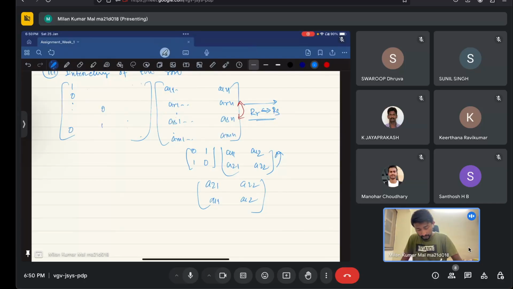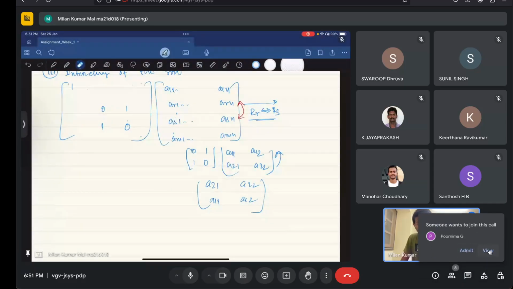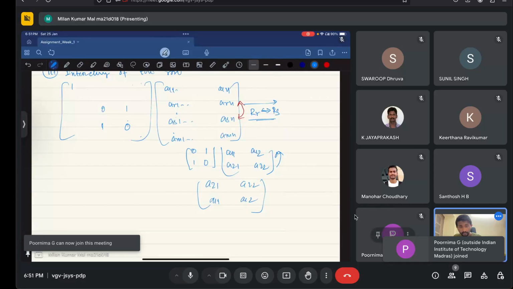This is the diagonal. This will be 1, and this will be 1, and all other entries are 0. All other entries will be as it is. Like here it will be 0 0 0 all the way.